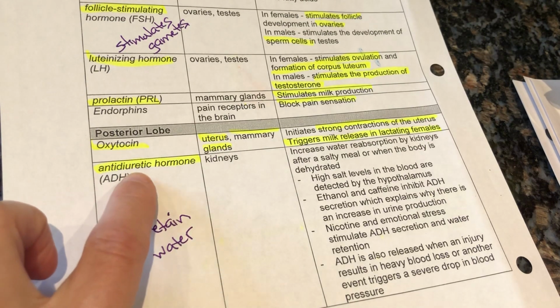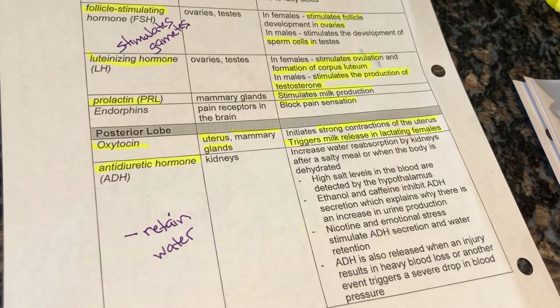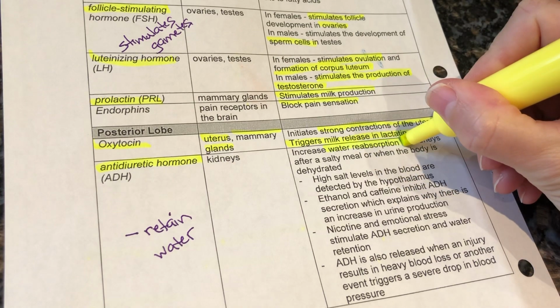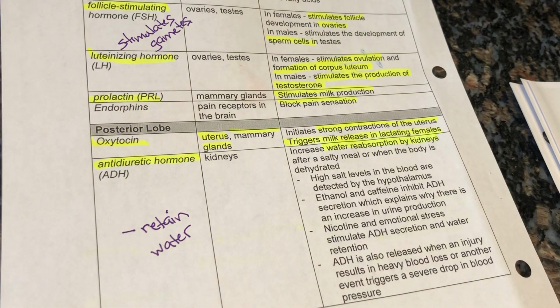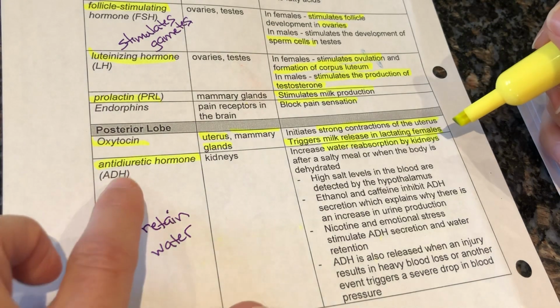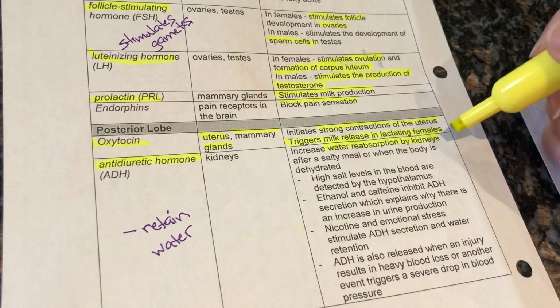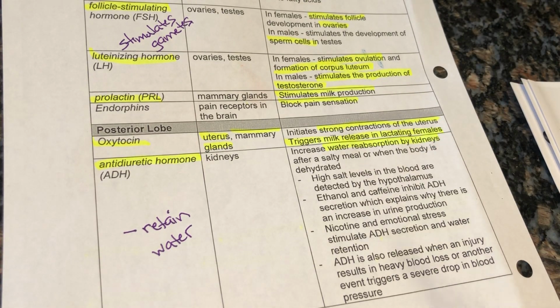So a diuretic makes you lose water, and antidiuretic makes you retain water. So what does it do? It helps in water reabsorption by the kidneys. So when we get on to osmoregulation later on in this unit, I will remind you about antidiuretic hormone. Okay, so it helps your kidneys to take in extra water so you don't lose water.